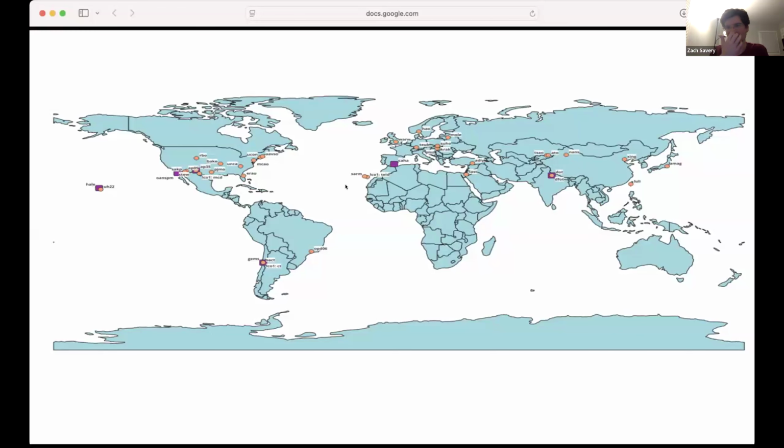Here is a map of the different telescopes that we have gotten time for as part of what is called the Whole Earth Telescope campaign. The pinkish orange circles represent optical time, and the purple squares represent infrared time. We have Kaha here, and we are expecting about 40 telescopes and over 200 nights of observations as part of the whole 2 weeks of this campaign.